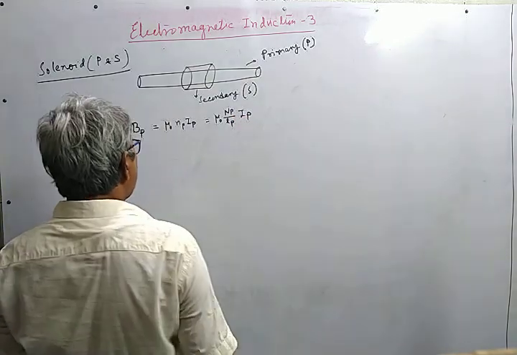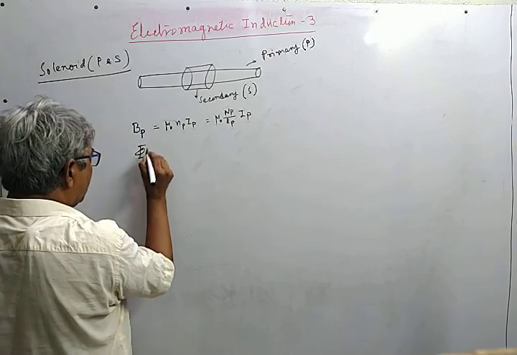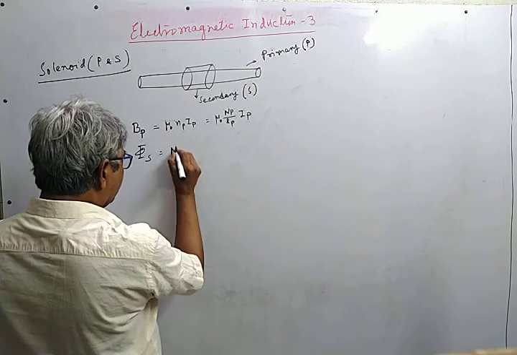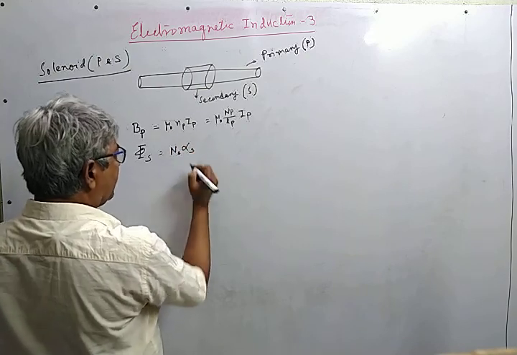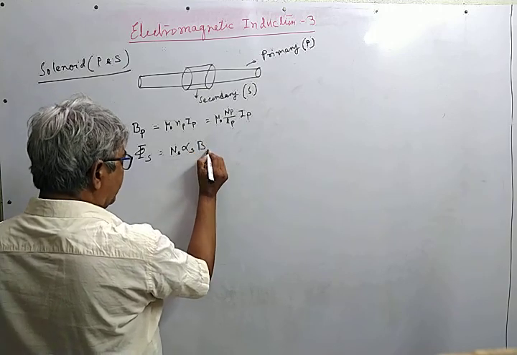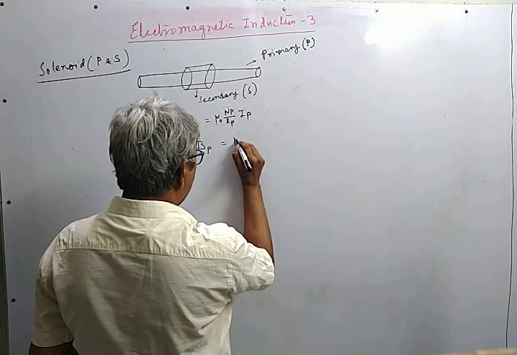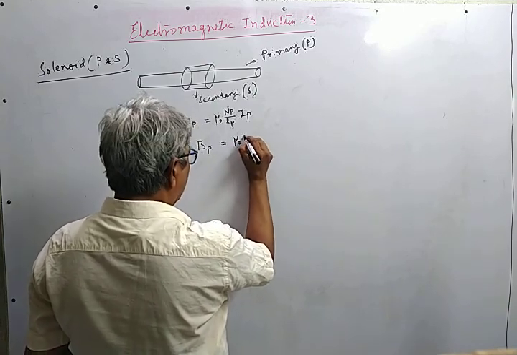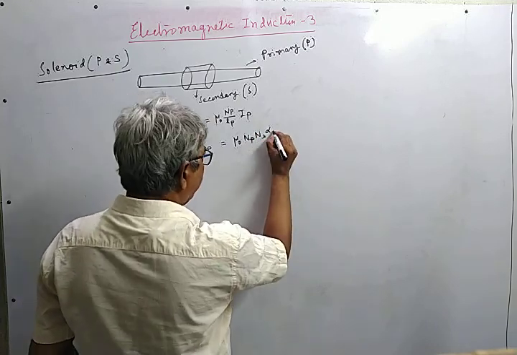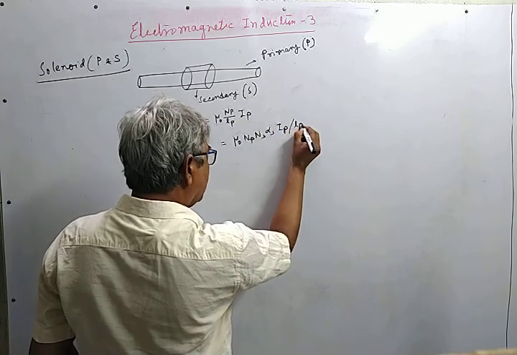Now the flux linked with the secondary is number of turns of secondary, cross sectional area of the secondary, times the field in which it is placed. So this is mu 0 N_P N_S A_S I_P by L_P.